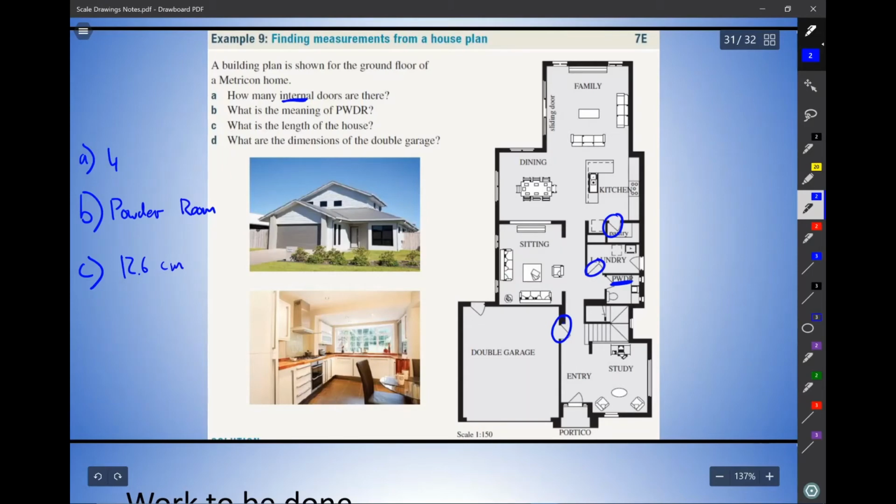That's the drawing length. And the scale here says 1 to 150. So actual length is 12.6 times 150. So that is 1,890 centimeters, or 18.9 meters.